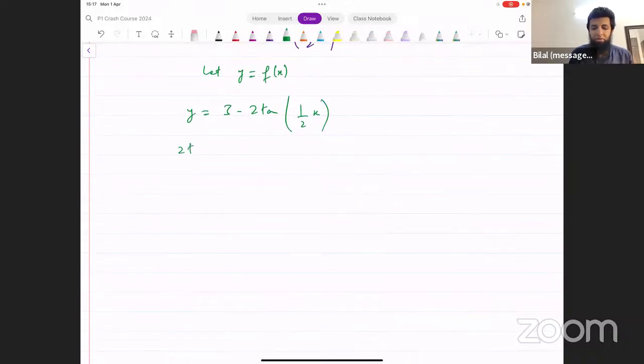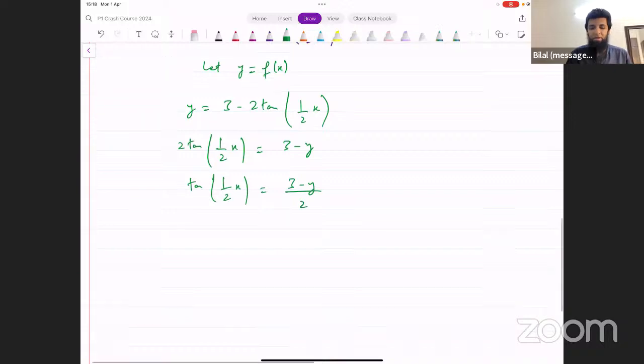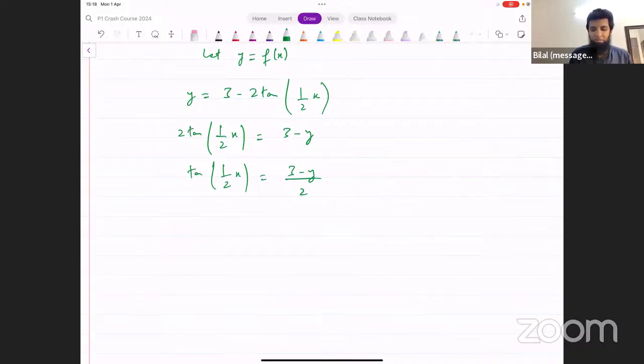You can take the tan term to the other side. That gives you 2 tan of half x equals 3 minus y. Divide 2 on the other side. Tan half x equals 3 minus y divided by 2. Now you need to take tan inverse, right?